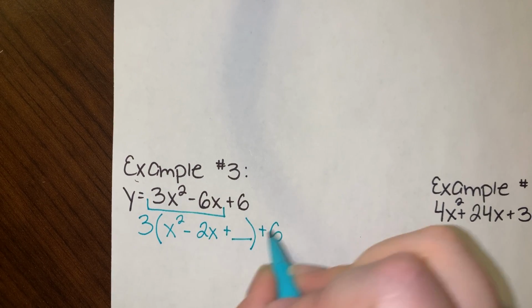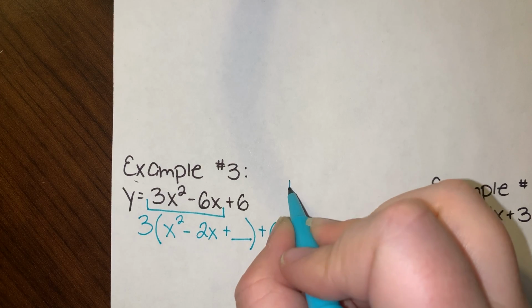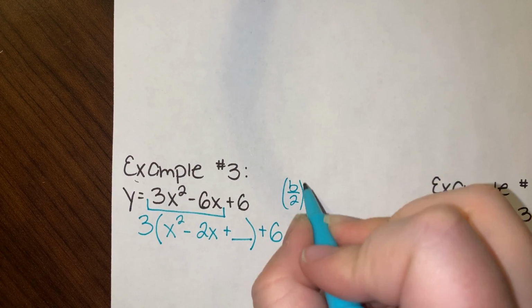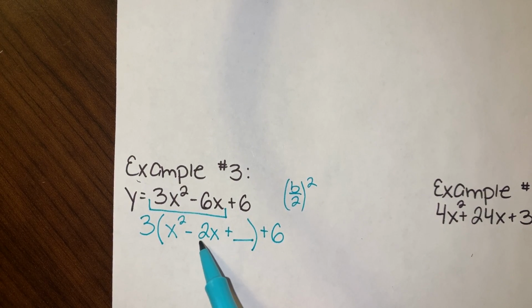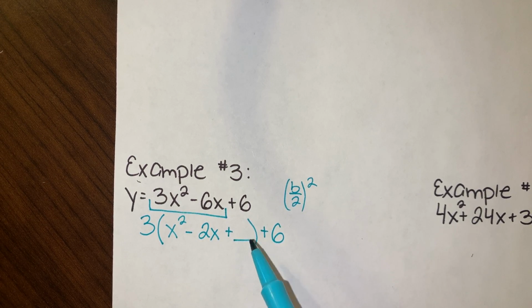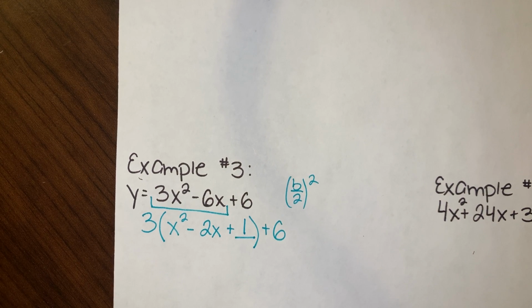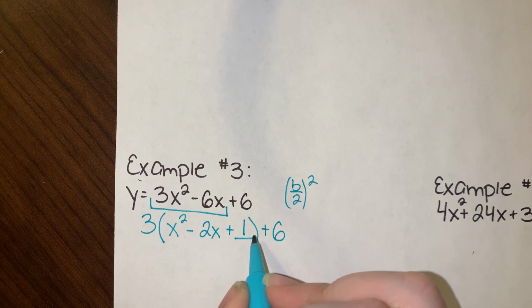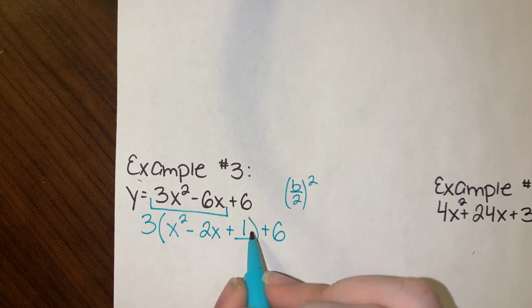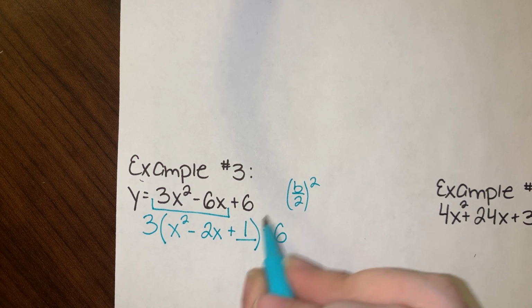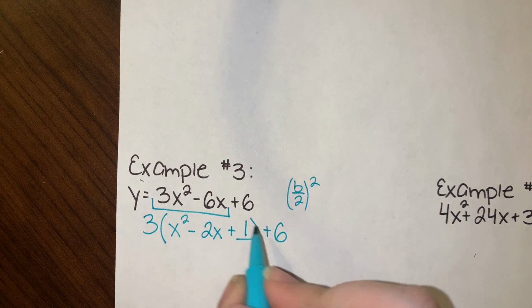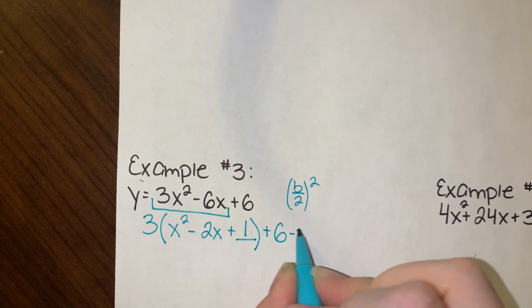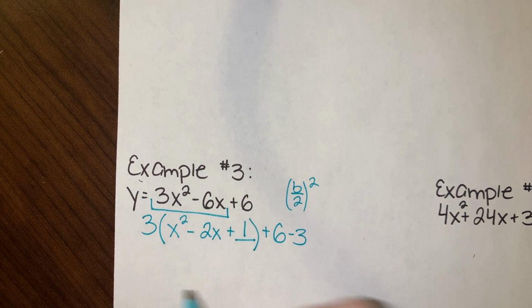All right, now I need to complete the square. Again, my c value that would complete the square is b divided by 2 squared. Negative 2 is my b value, so negative 2 divided by 2 is negative 1. Negative 1 squared is positive 1. Because I put this 1 in the missing space, I need to keep my equation balanced and subtract it from my c. 3 times 1 is 3, so I have to subtract a 3 from over here.